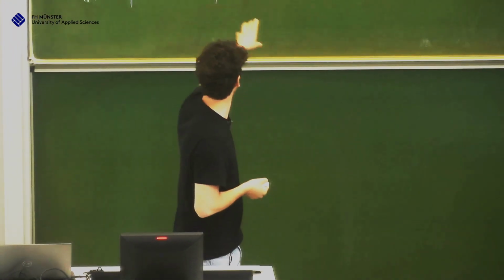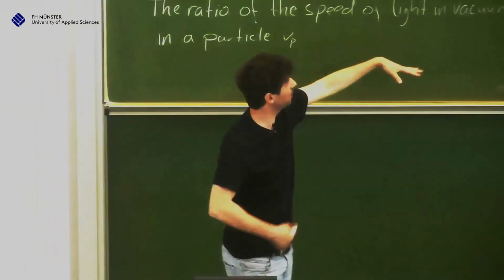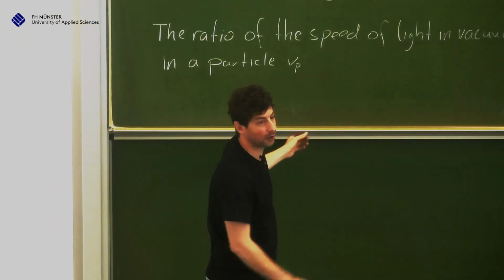How is this ratio called? The ratio of the speed of light in vacuum to the speed of light in a particle.